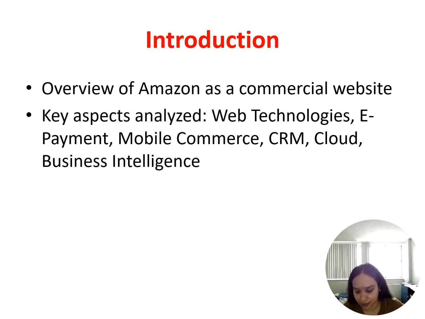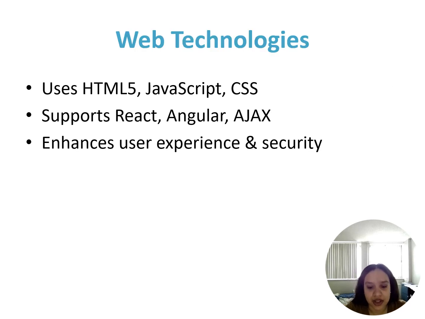So first, moving on with the web technology. Amazon uses HTML, CSS, and JavaScript in order to create a very good, friendly, and responsive interface. HTML5 gives the structure of the content: what content our website has, and which part needs to be located at which point.